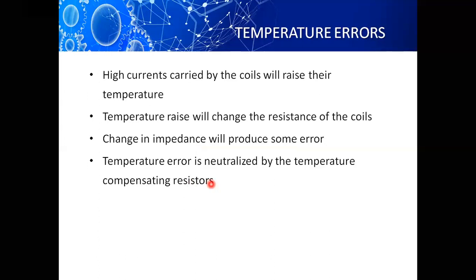That means the overall impedance of the circuit will not change. Hence, we can reduce the change in impedance, and hence reduce the temperature error. So the temperature error is neutralized by the temperature compensating resistors.